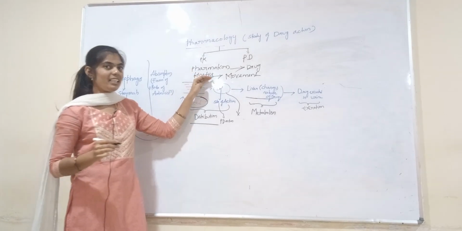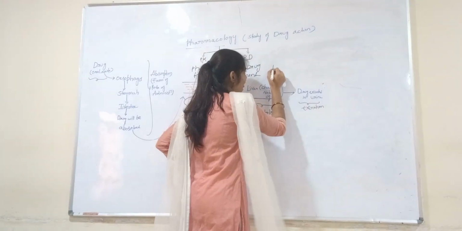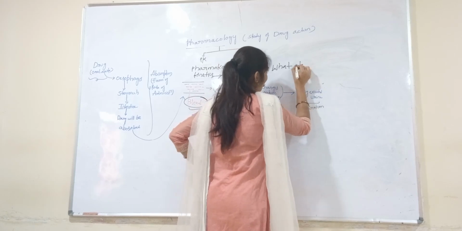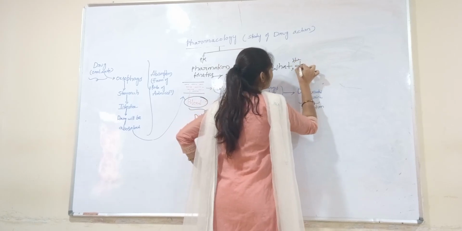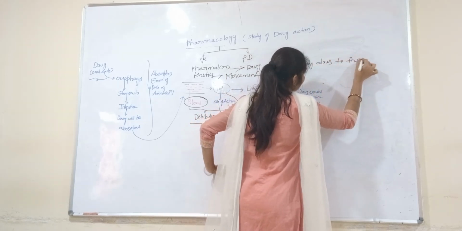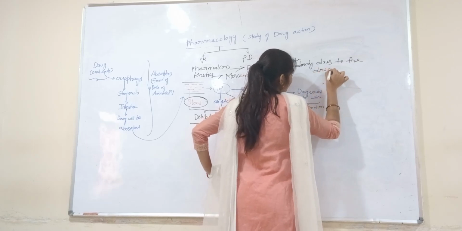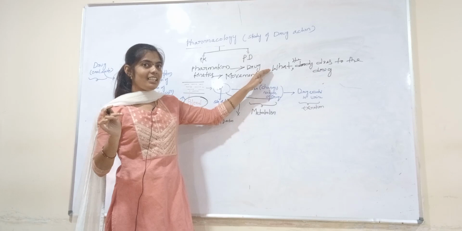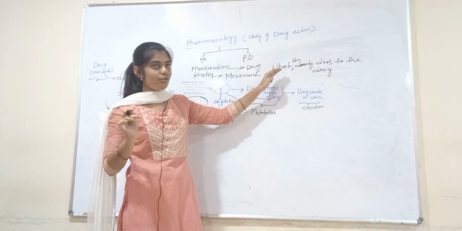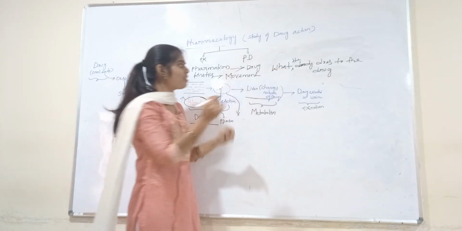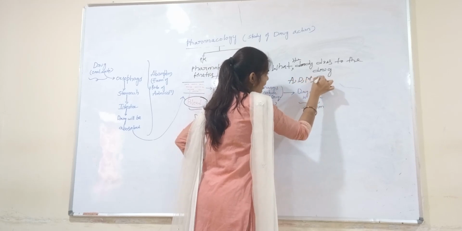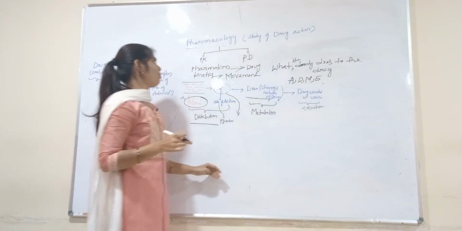Pharmacokinetics is defined as what the body does to the drug. In simple terms, pharmacokinetics means in which way the body is receiving the drug, we are going to study. Pharmacokinetics mainly includes absorption, distribution, metabolism and excretion.